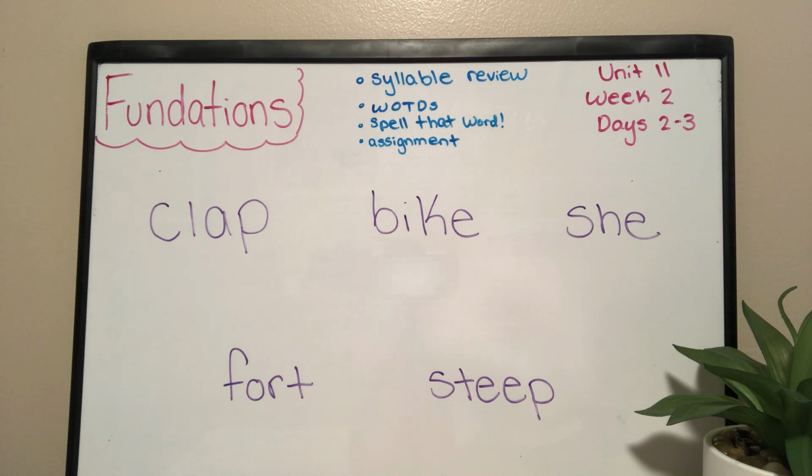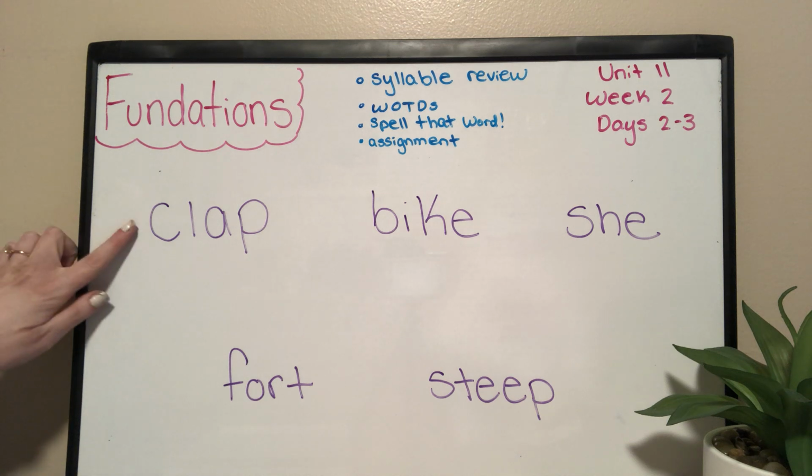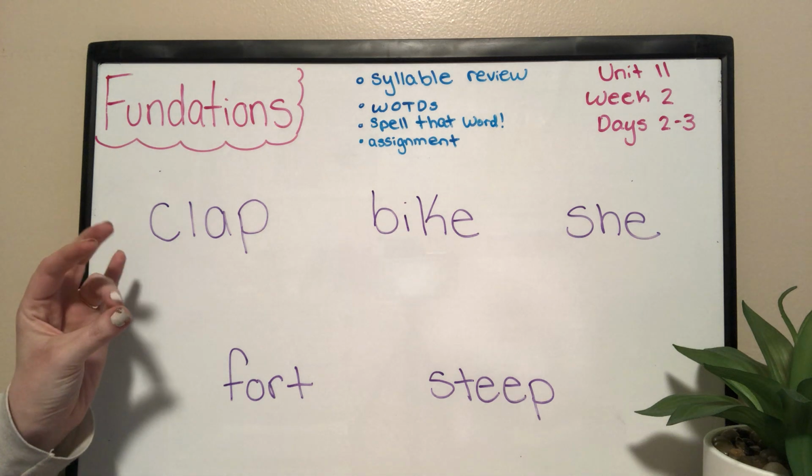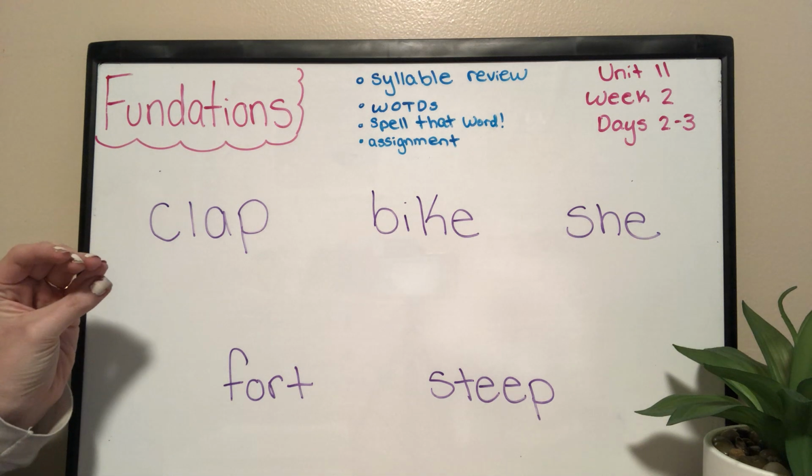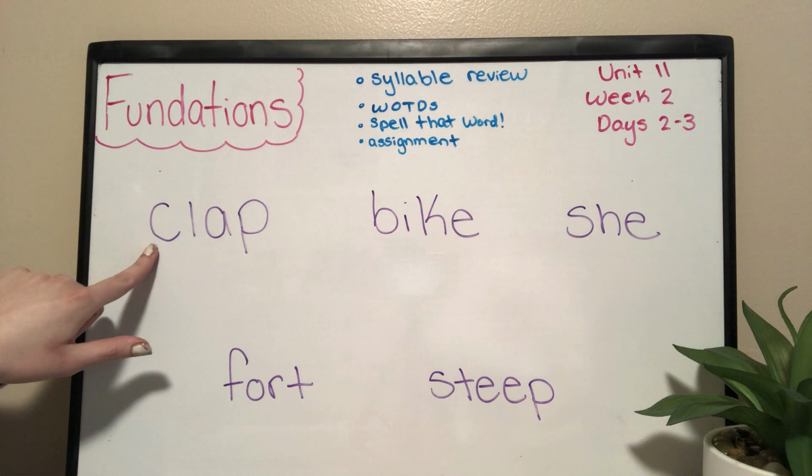All right, syllable review first. I have 5 words up here on the whiteboard to stand for the 5 syllable types that we have learned so far in our entire Fundations career. The first word that we have here, tap it out with me, k-l-a-p, clap. What type of syllable is this?